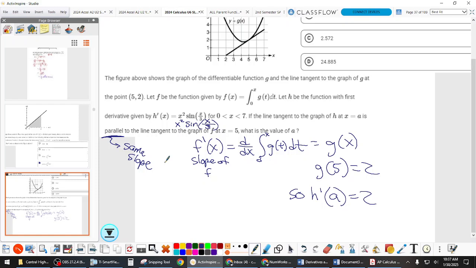So would you just plug in the values into h prime? Well, we want h prime to be 2, right? So I suppose you could use either the graph or the table function. I would probably use the table. I use the graph and just put a line for 2, and then it tells you where it intersects.